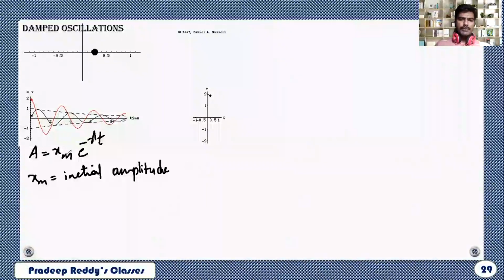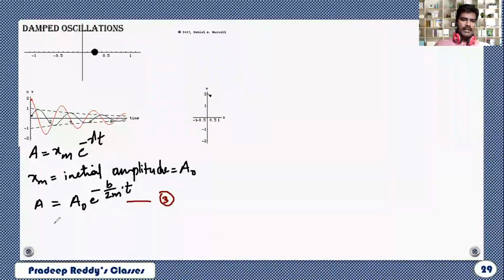So initial amplitude is xm, or you can write it as a naught. I'm just representing it as a naught. So clearly I can write the amplitude of damped oscillations as A is equal to a naught e power minus b by 2m into t. And clearly I am considering this equation as equation number 3, because already we have two equations.